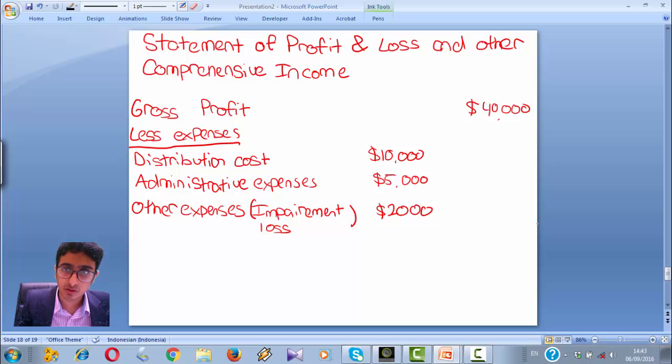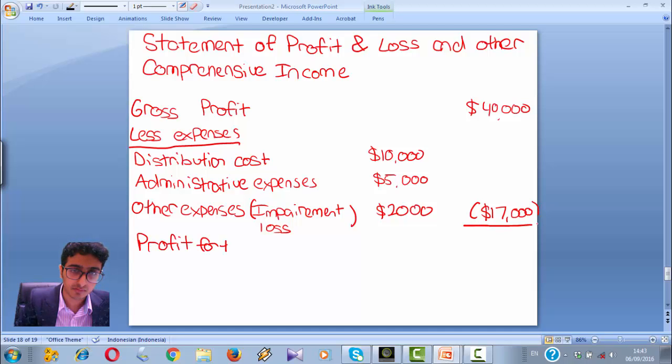Okay, now what is my total expense? This one will become $17,000. Yes, which means my profit for the year will become $23,000.